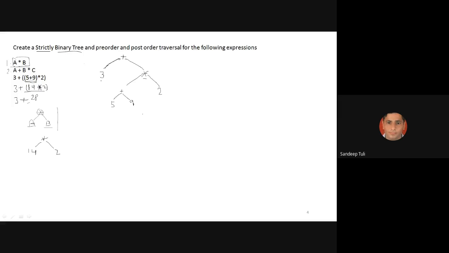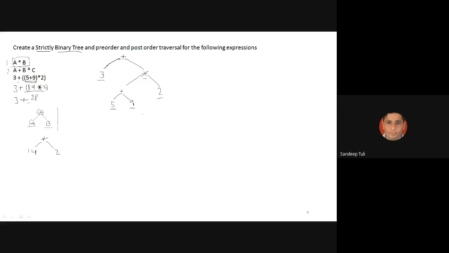Now look at that again. All the variables, or we can say all the operands, where are they situated? As leaf nodes. Any expression you take, all the operands, all the variables must be at the leaf nodes. No operand will be at any internal node. Always keep this in mind.